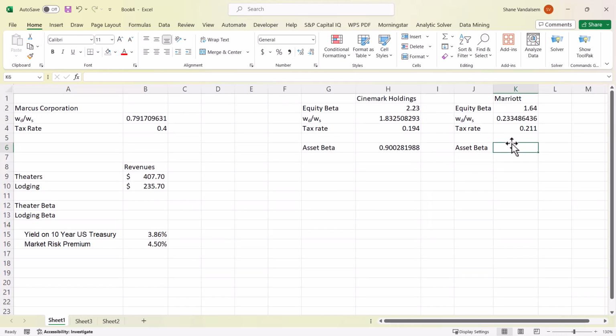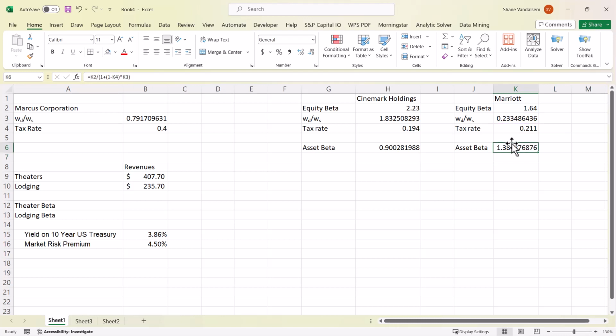Now we're over here looking at Marriott. The beta is not going to decrease by as much because they don't have a whole lot of debt compared to the market value of their equity. So I'm just going to take this here and take this as the asset beta is equal to the equity beta. Again, it's the same equation we just did for Cinemark, divided by, open parentheses, 1 plus, and then open parentheses again, 1 minus the tax rate, multiplied by that weight of debt divided by the weight of equity, and we get a value there of 1.38.